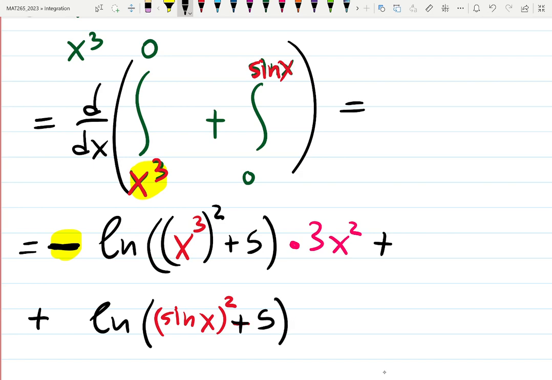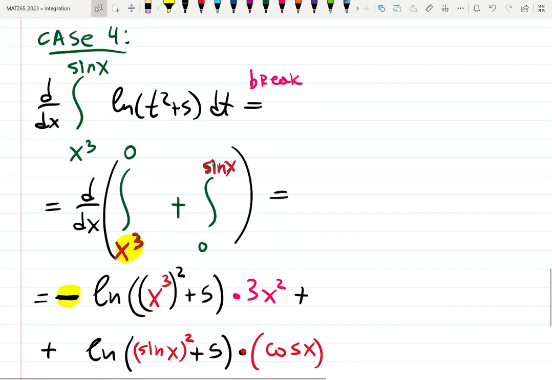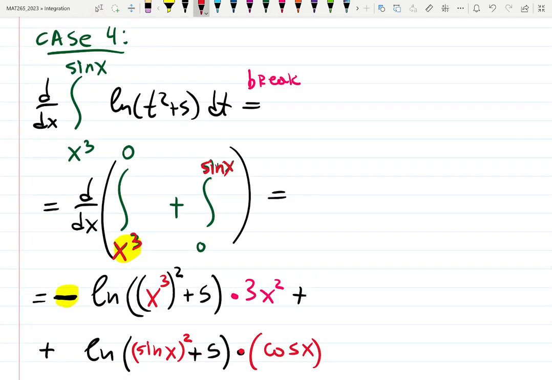And that's not the end because it's not just x. It's a function of x. It's going to be times the derivative of sine, which is cosine x. And that is the answer. So we have 4 cases. The case number 4, I call it the break. So for case 4, break and flip.